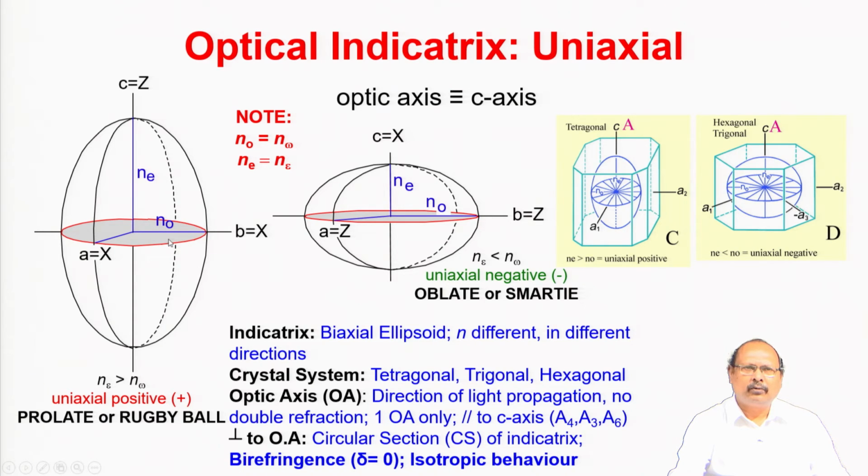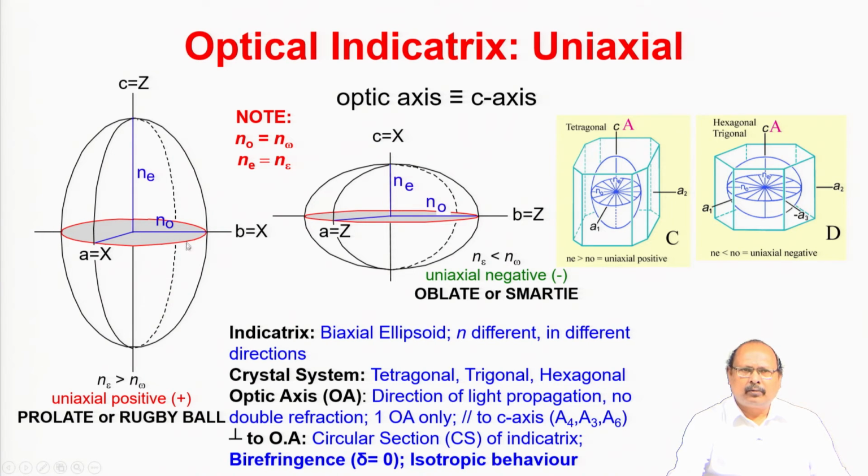Very often we call this one omega and this one epsilon. In this particular case, epsilon is greater than omega. When in a uniaxial mineral the epsilon value is greater than the omega value, or the refractive index corresponding to the ordinary ray, we say the uniaxial mineral has a positive optic sign here, and the shape of this kind of ellipsoid we call prolate type, or rugby ball type.